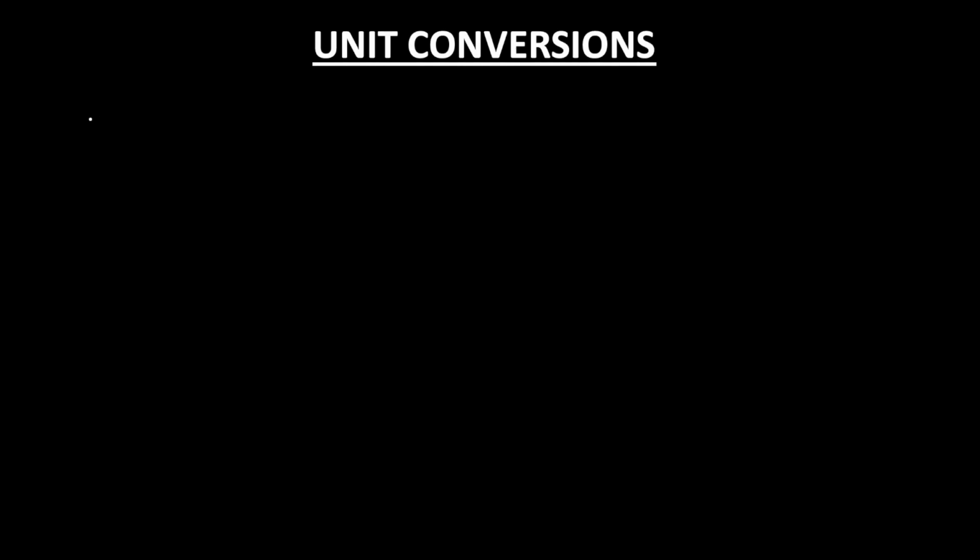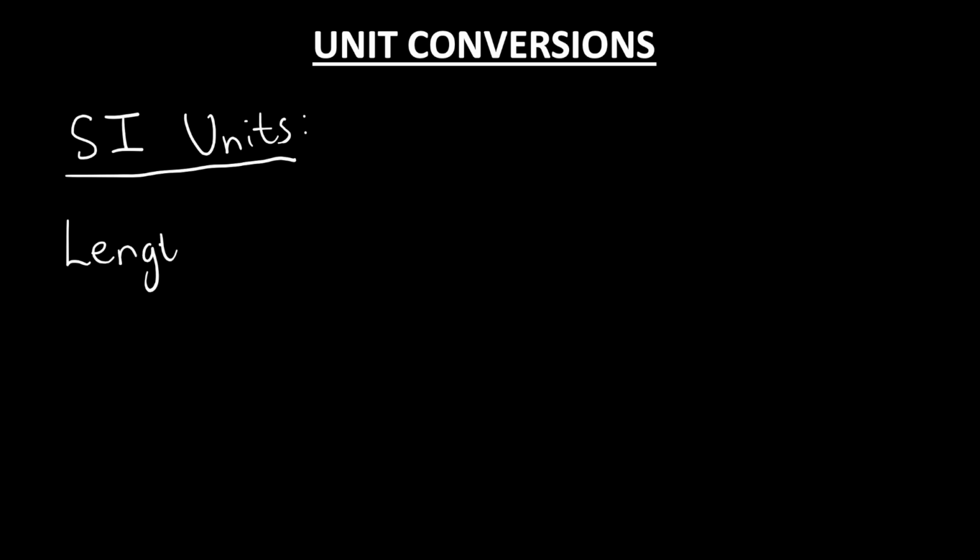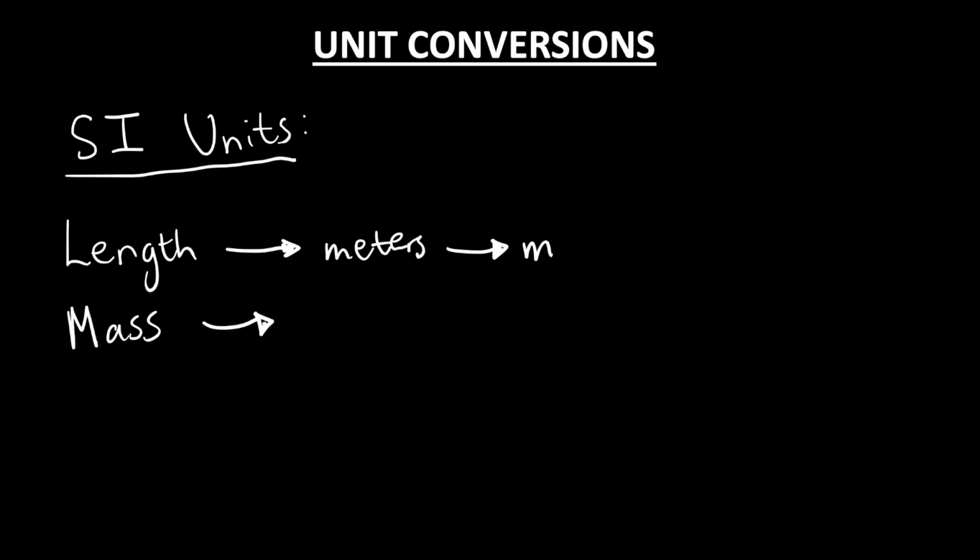Okay, so starting off, your professor might ask you to give your answer in SI units, especially if you're in physics. Now SI units means that for length, you'll have meters, represented by the symbol m. Then for any mass, we have to give the answer in kilograms.